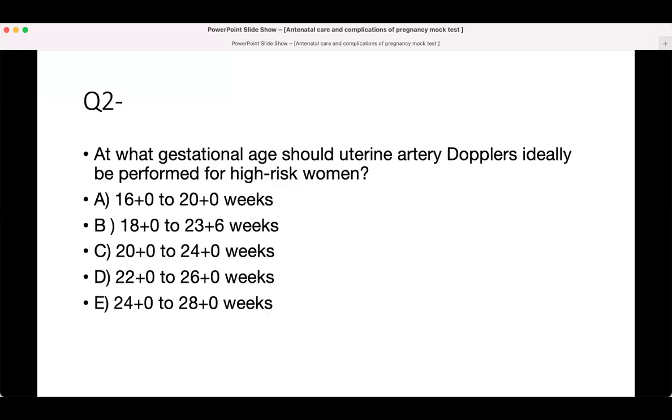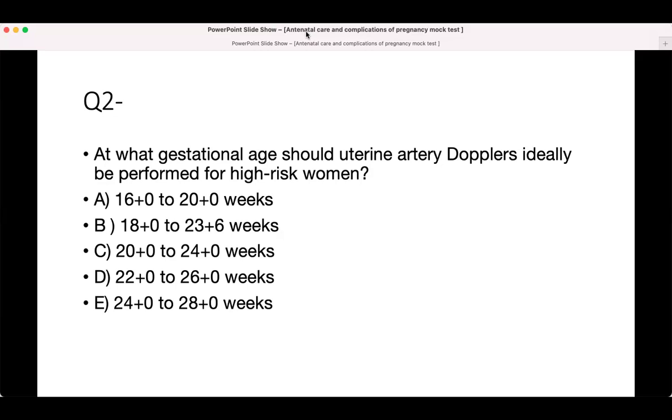And the next question is asking, at what gestational age should uterine artery Doppler study be performed for high-risk women? That's to reduce the risk of small for gestational age as a form of screening. So, of course, the answer should be based on the new guideline.